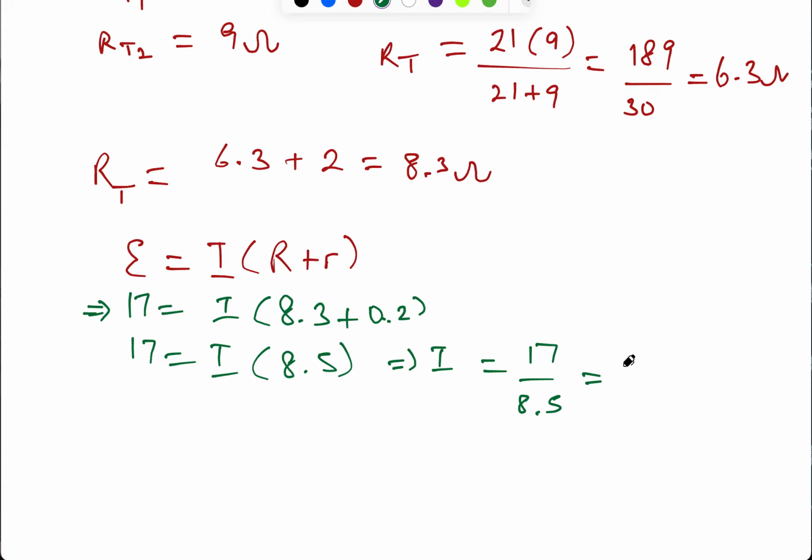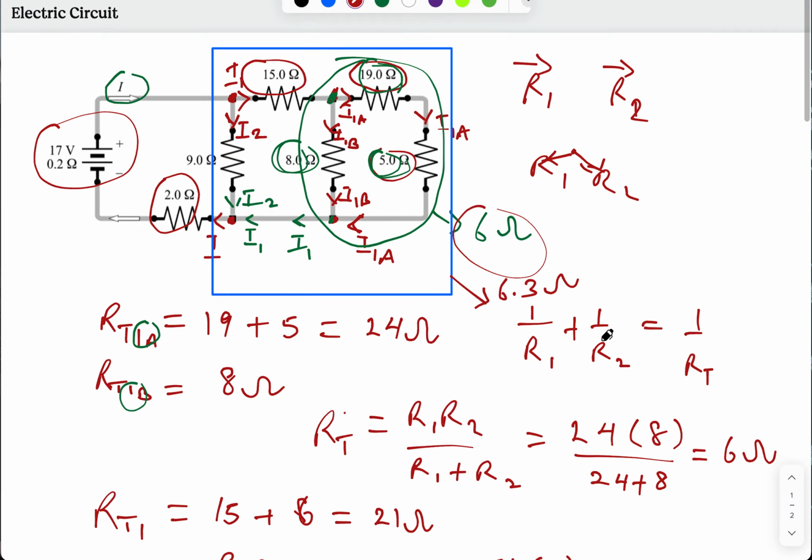Let me confirm that. Yeah, so that is 2 amperes. So the total current in this circuit is 2 amperes.